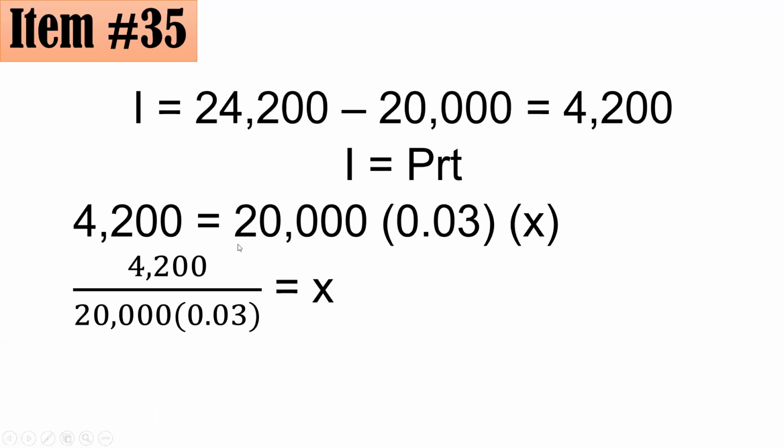Kasi yung 20,000 times 0.03, yung product nito ay i-divide din naman natin sa interest. That's why, if you do such, it will actually give you a value of 7. Hence, you invested the said amount for 7 years at 3% interest. Letter C.